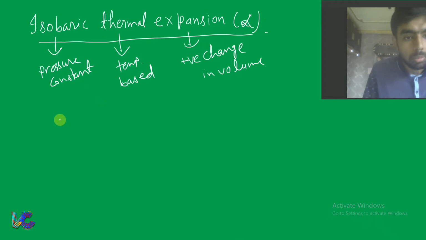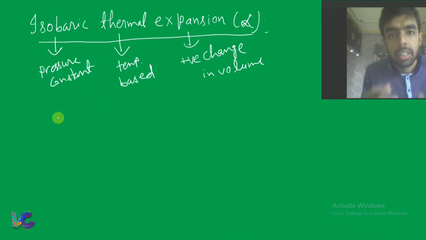So what is alpha? Alpha is relative change in volume with respect to change in temperature at constant pressure.